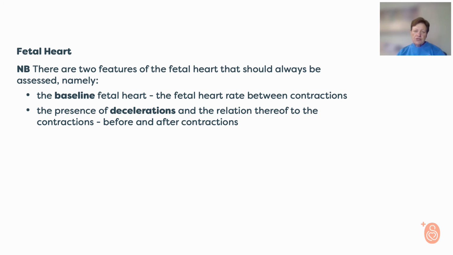We need to determine the fetal heart rate during and between contractions, and also the presence of decelerations and the relation thereof to the contractions, before and after contractions. These are the things that tell us that it's going very well with the fetus or it's not going so well with the fetus.